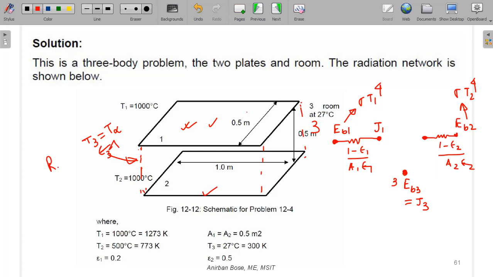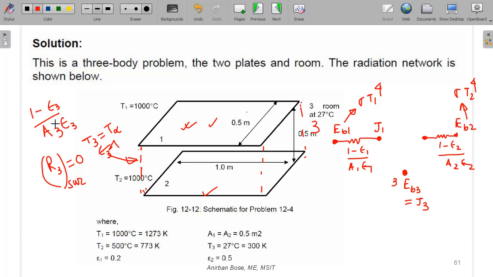Surface resistance of 3 is equal to 0. Why are we assuming the surface resistance of 3 is equal to 0? Because it is (1 minus epsilon 3) by A3 into epsilon 3. This is actually the quantity, right? But actually this surface resistance is 0.